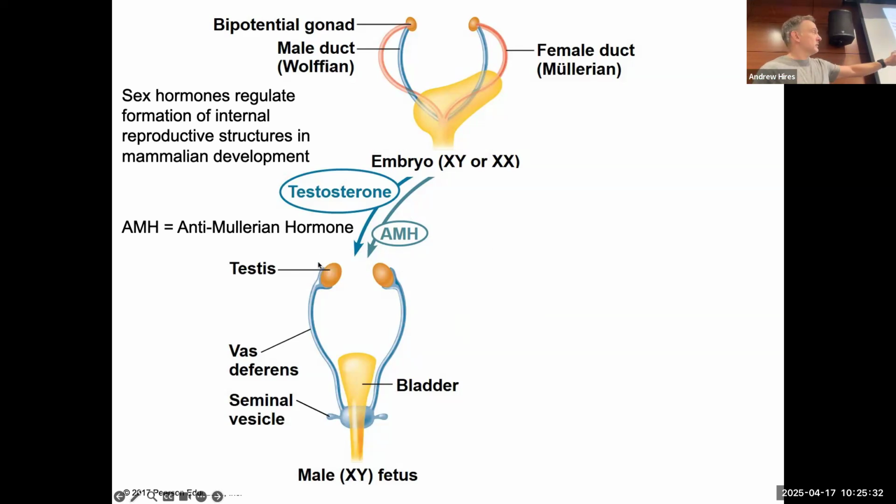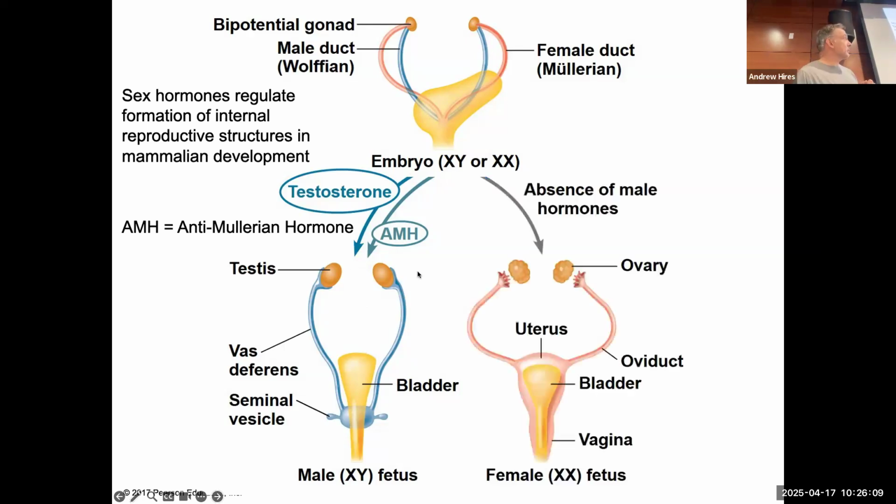The testes will also make this anti-Mullerian hormone, which is then going to cause the degradation of the Mullerian ducts, while the male ducts, the Wolffian ducts, will be maintained. So testosterone and AMH are going to lead to the maintenance of the Wolffian ducts, the differentiation of those ducts into the vas deferens, the development of the seminal vesicles, the prostate gland, and the bulbourethral gland. All of those things are going to be determined by testosterone.